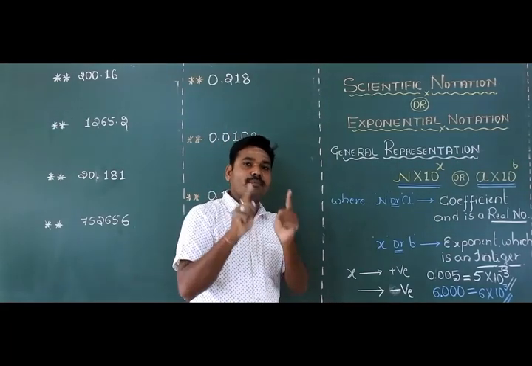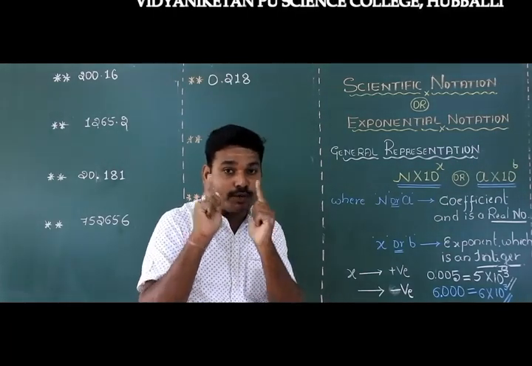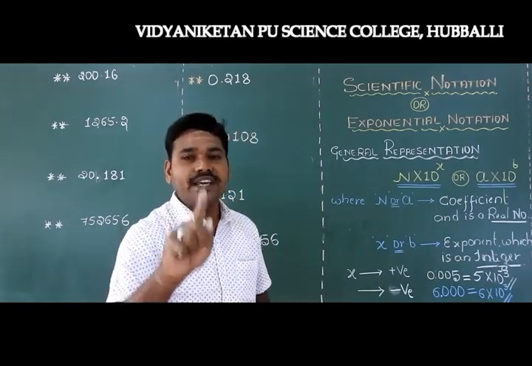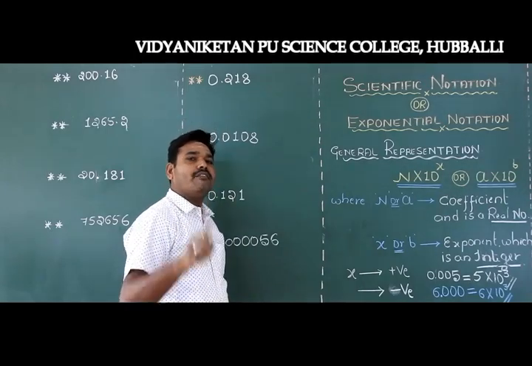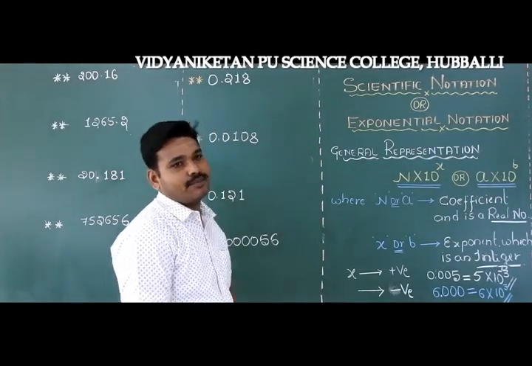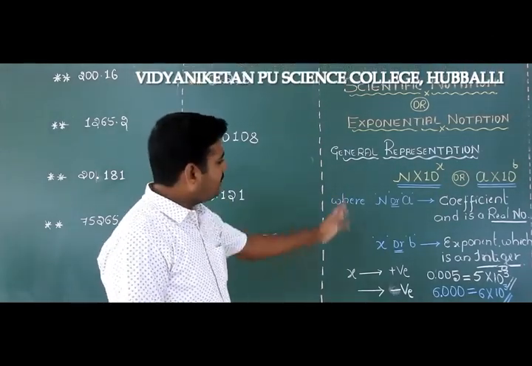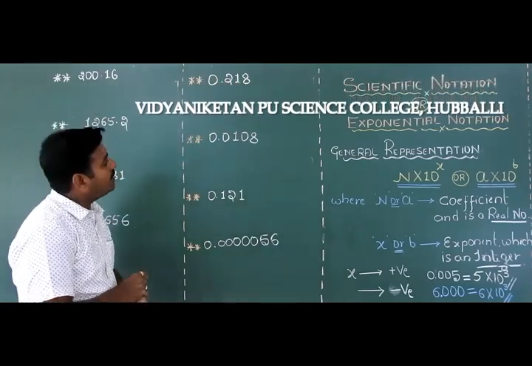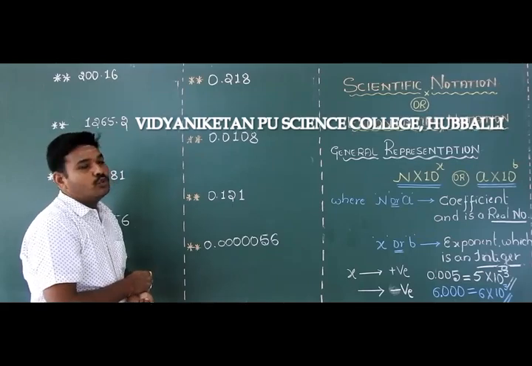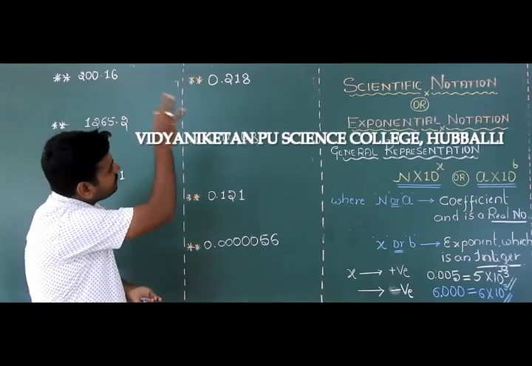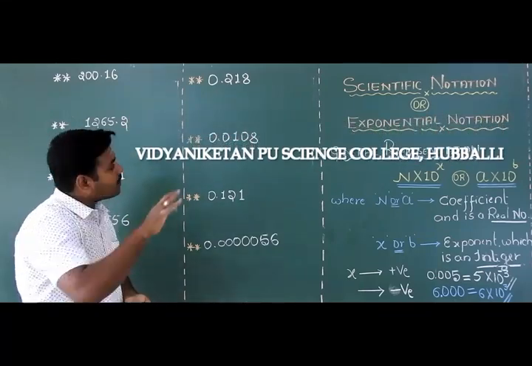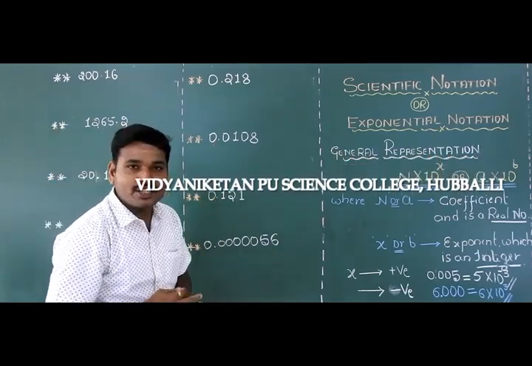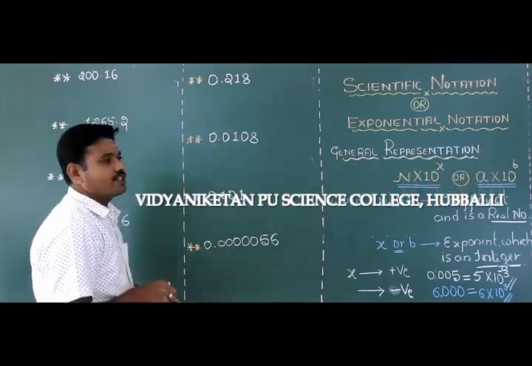Please remember one very important point while writing scientific notation. Count the number of digits and then shift the decimal point, students. And with the help of this explanation, let us take the first example. 0.218. This is the given number. Let us express this given number by using scientific notation or exponential notation, students.